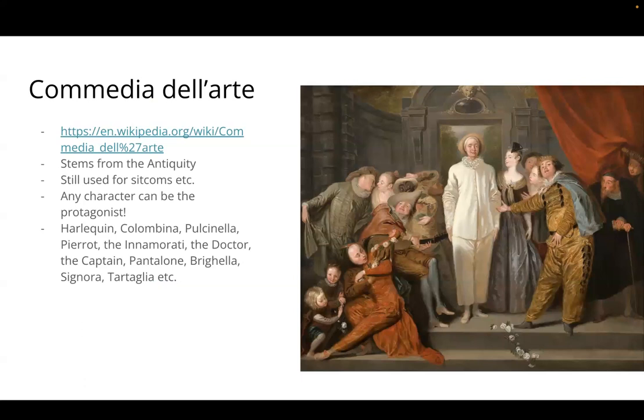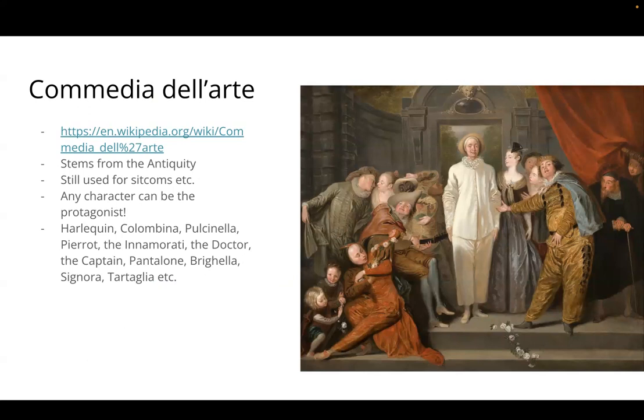It started in Italy in the, I think, 1500s or a little bit earlier maybe. I think 1500s is about right. But it's based on these older character types from antiquity. So you can read the Wikipedia article on it if you want to. It's quite good.